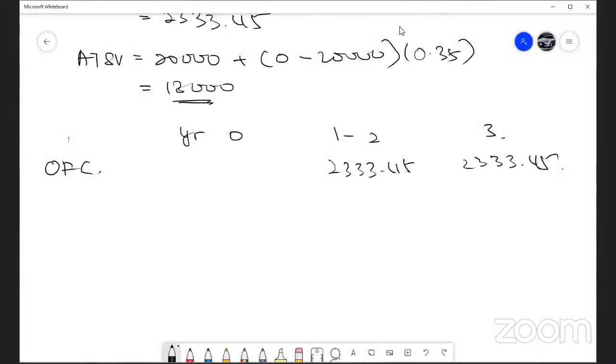So OCF there, the cost is $215,000. Okay, and your ATSV, your salvage value, is 13,000.